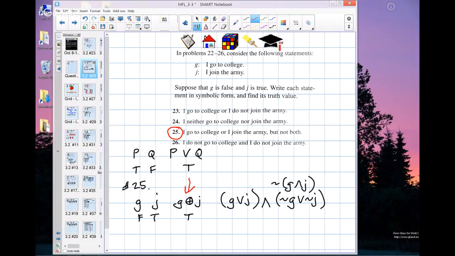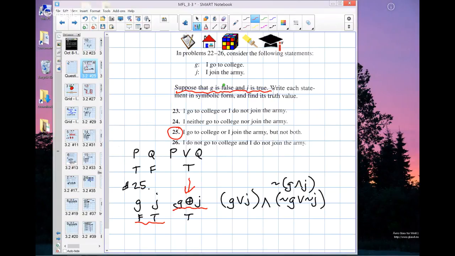So really they were asking us for G exclusive or J. And by the way, they already told us right up here, look. They said, suppose G is false, J is true. So again, like I was just telling Elliot, this is really a one-liner. G is false, J is true. We don't have to do any other lines.